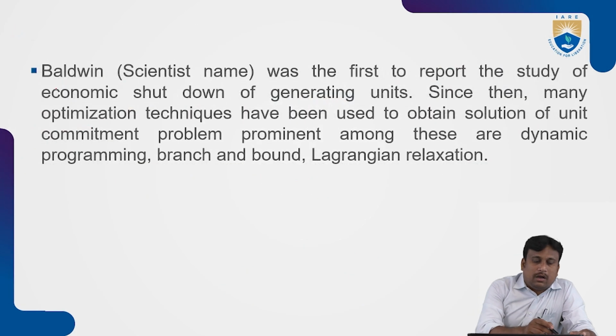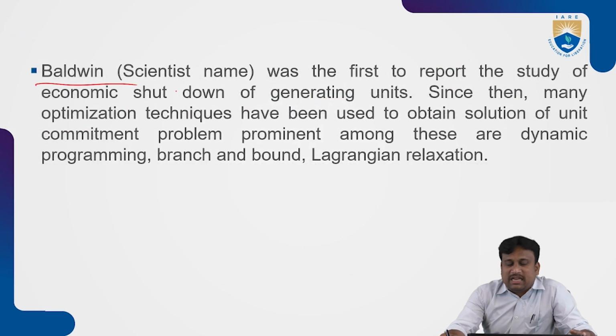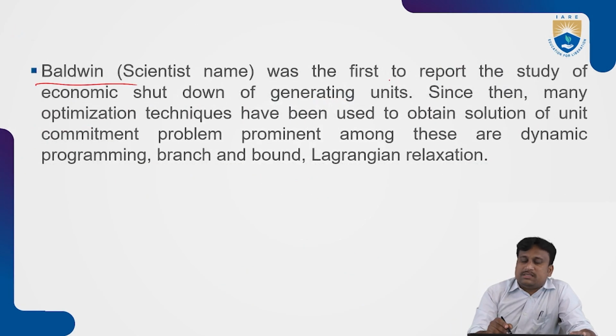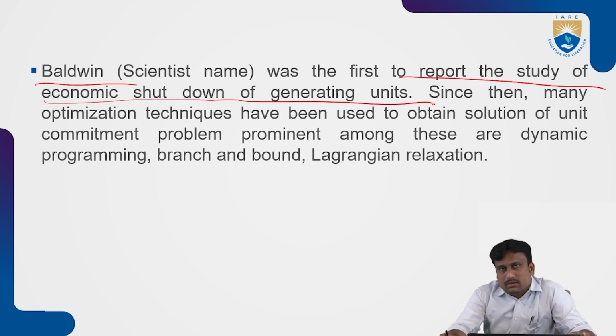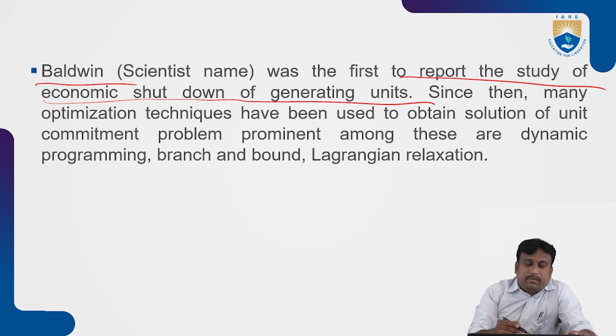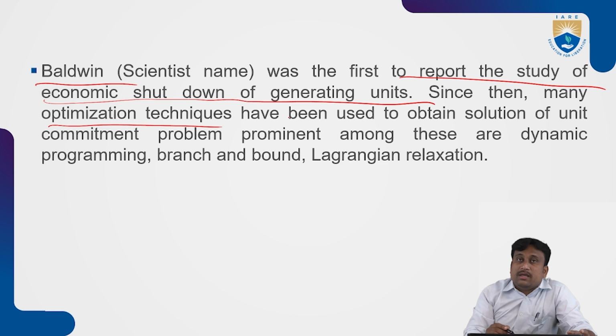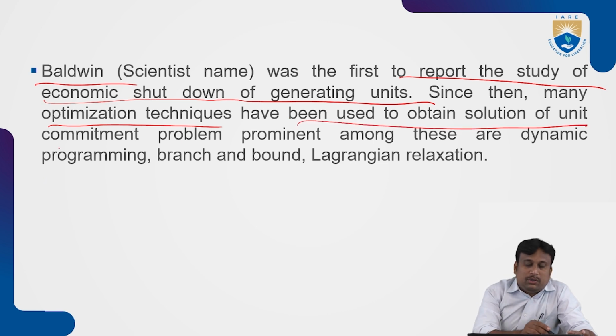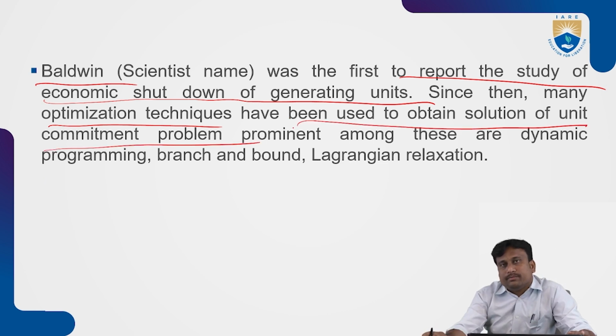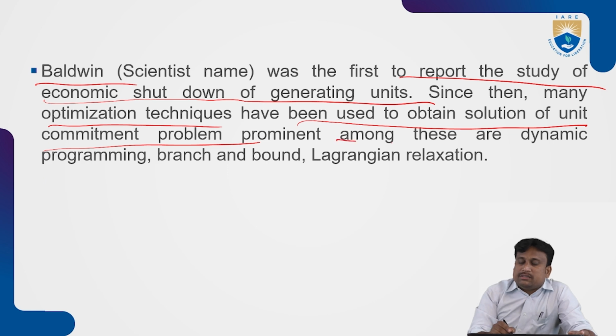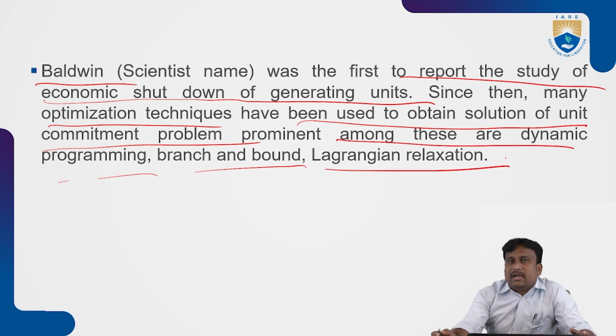Baldwin, one of the scientists, was the first to report a study of the economic shutdown of generating units. He introduced a methodology named after him, and since then many optimization techniques have come. They have been prominently used to obtain solutions of the unit commitment problem. Among these are dynamic programming, branch and bound, and Lagrangian relaxation.